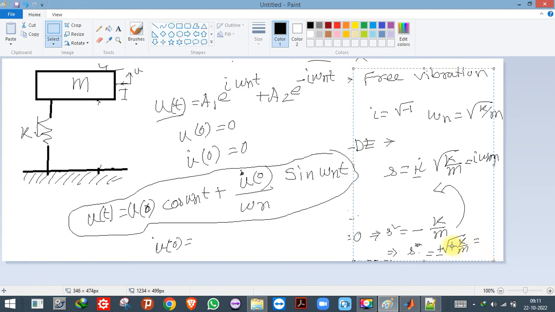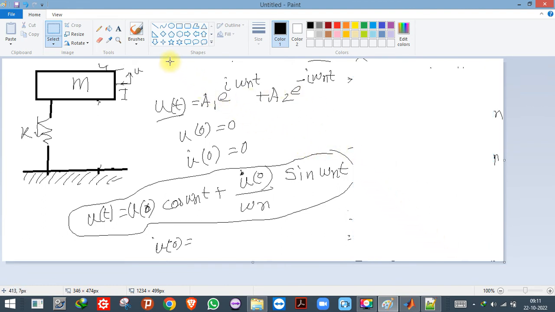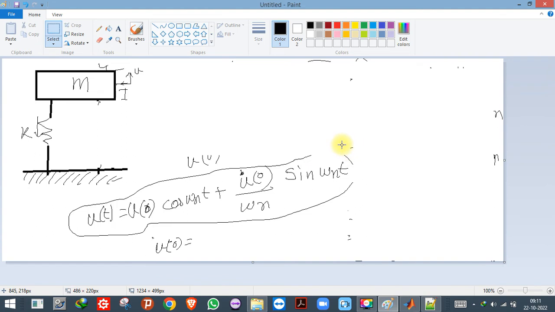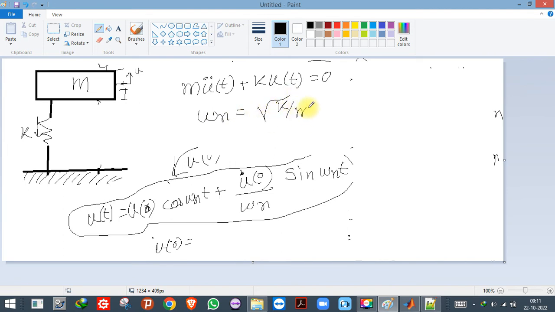If I write everything clearly, we had a system equation m u double dot of t plus k u of t equal to 0. There is no external force, and we have got the solution of this, where omega n is the square root of k by m. So these two things we have got.